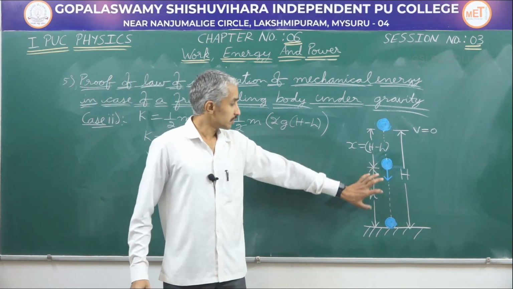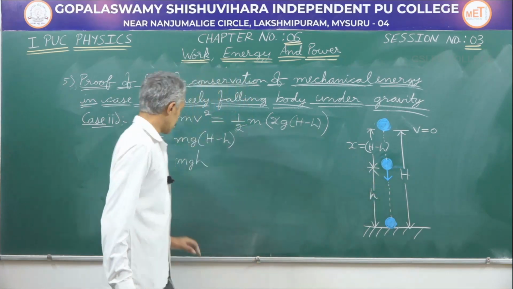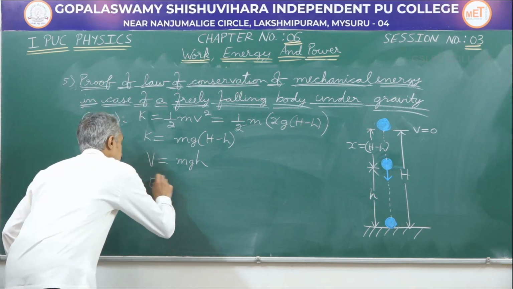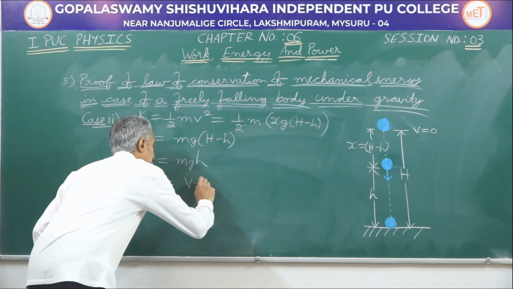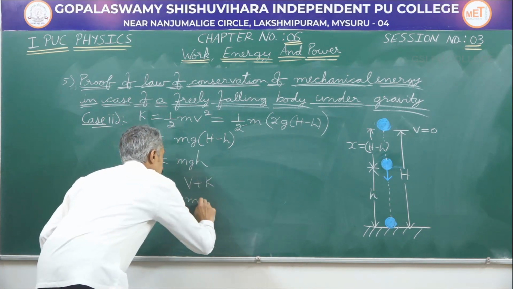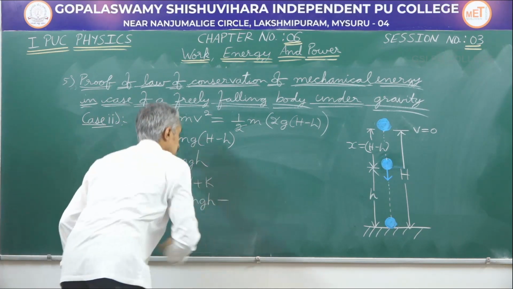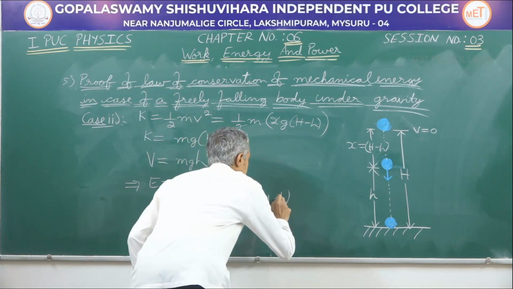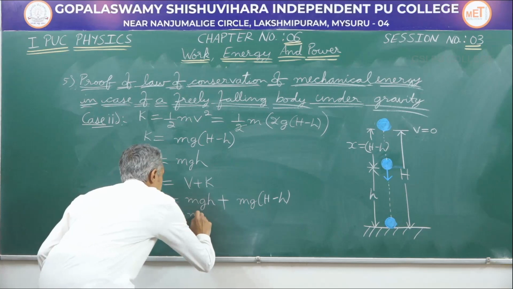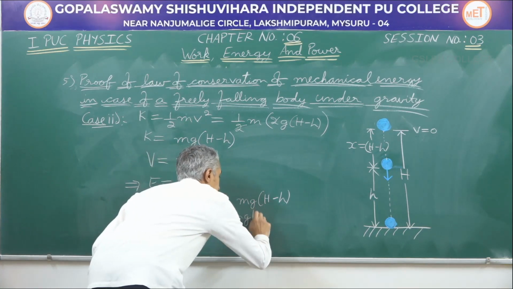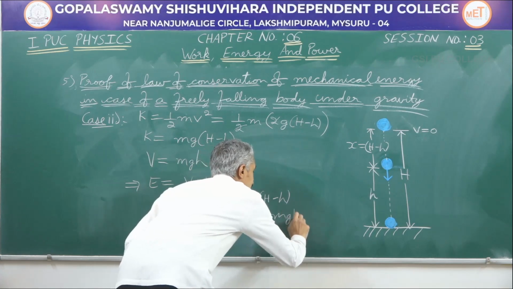At this point, the height from the surface is small h, therefore potential energy is mgh, which implies the total mechanical energy, which is the sum of potential energy and kinetic energy, is going to be mgh plus mg into (H minus h), which gives mgh plus mgH minus mgh.